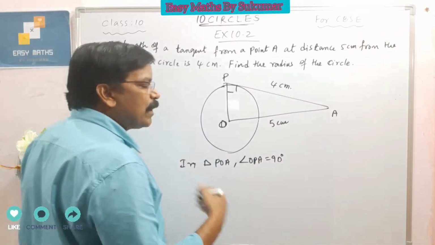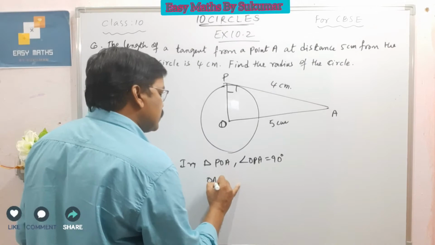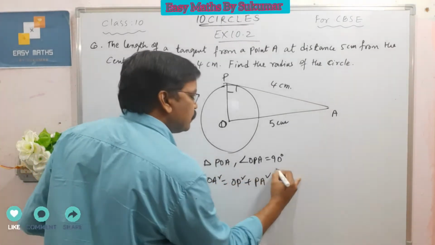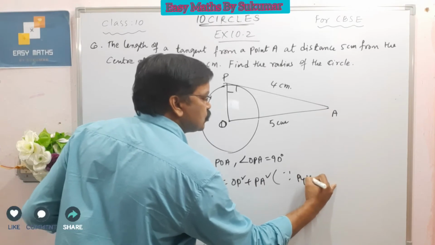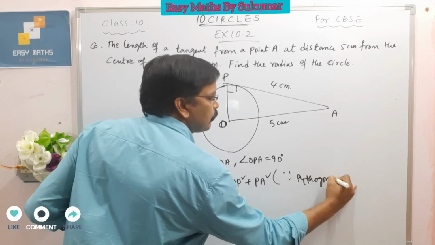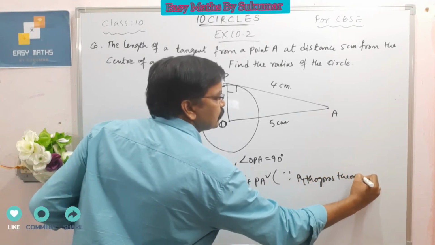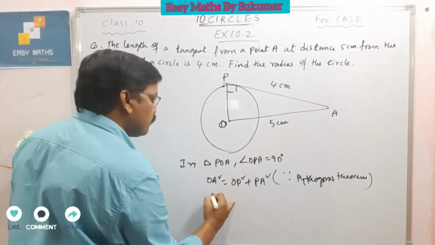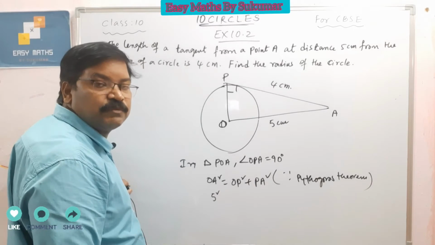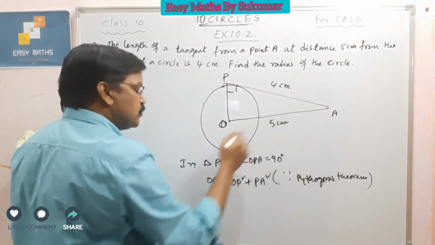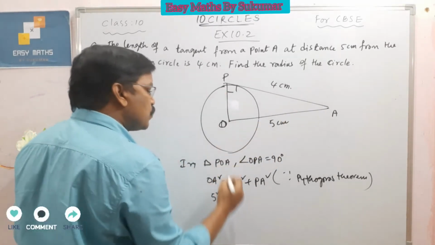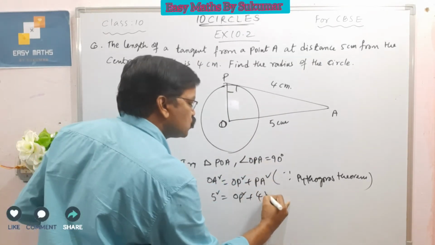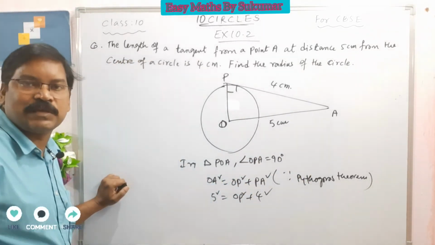So according to Pythagoras theorem, OA square is equal to OP square plus PA square. Okay. So what is OA here? This is 5 centimeters, the distance from point A to the center. So what is OP? This is the radius of the circle. What is PA? 4 square, that is the length of the tangent.